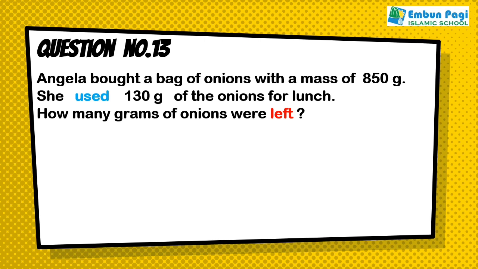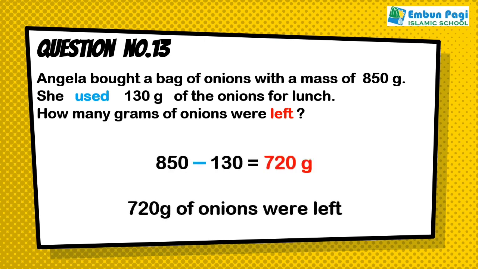What is the question about? Right, a subtraction, because she used the onions and we will find out how many grams of the onions were left. So the answer is 850 grams minus 130 grams equals 720 grams. So the mass of the onions left is 720 grams.